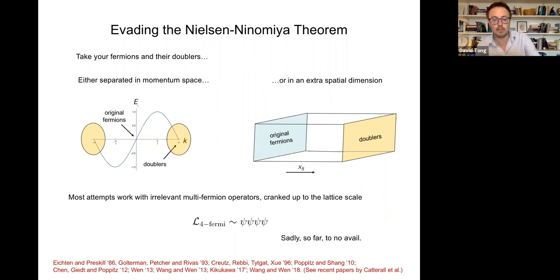Okay, so what do I want to do? I want to address this challenge of how you give chiral fermions a mass without breaking the symmetry. I think I understand what the problem is here. It's because we're resorting to strongly coupled effects at the UV cutoff. And so what I want to do is find a way to give chiral fermions a mass within the language of continuum field theory, the idea being that continuum field theory is always weakly coupled at the UV.